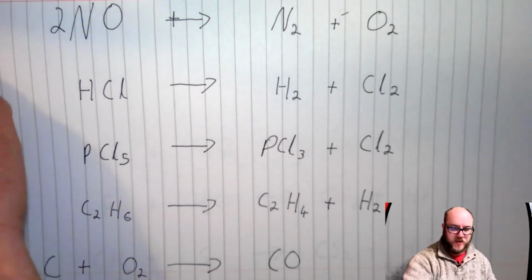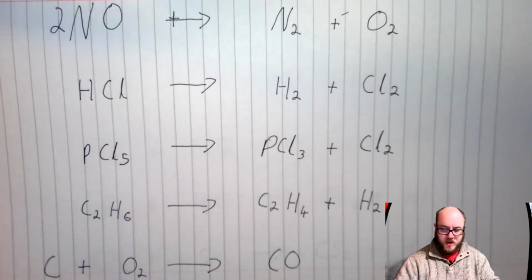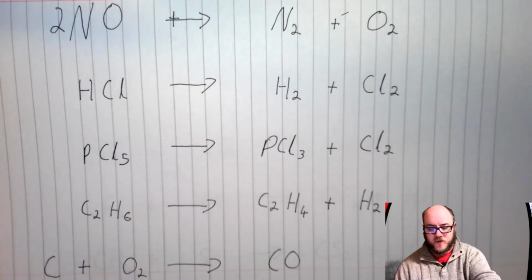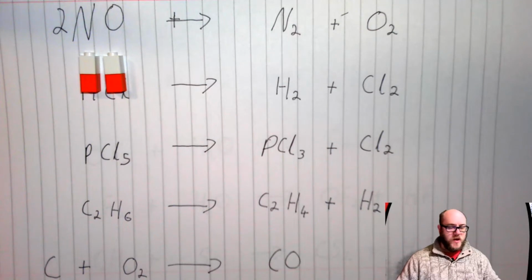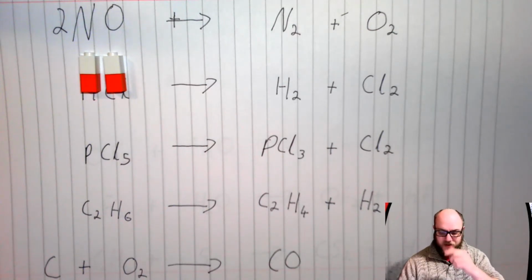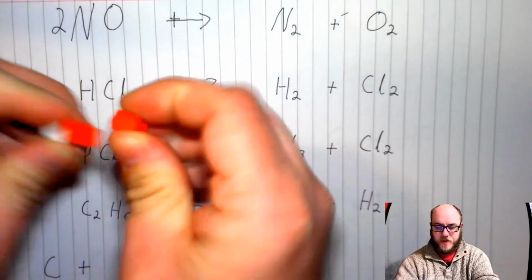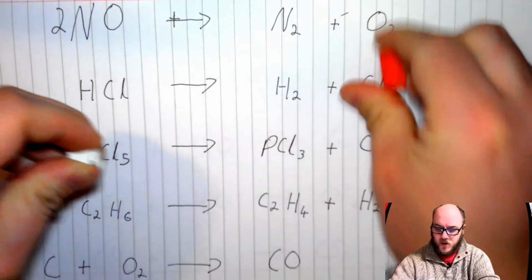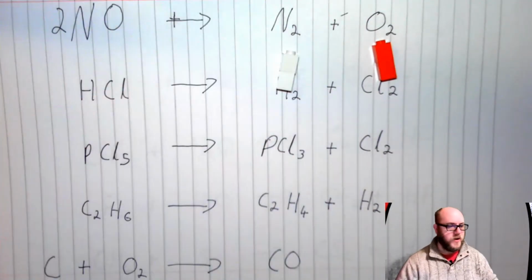And we can check this out using the Lego. I should actually be calling these building blocks. Sorry, not the brand name. So there you go, I've got 2 nitrous oxides, and if they decompose to 1 oxygen and 1 nitrogen molecule. Perfect, job done.